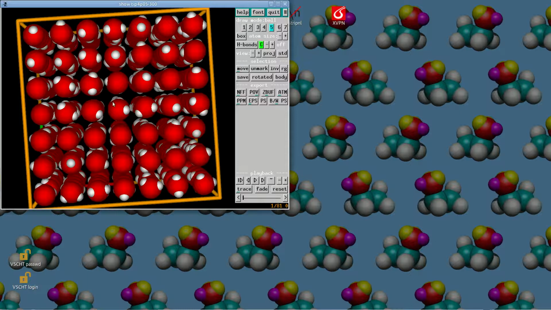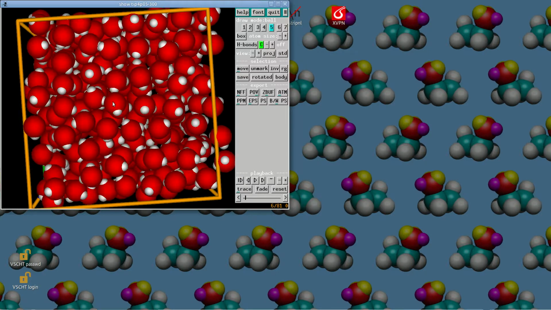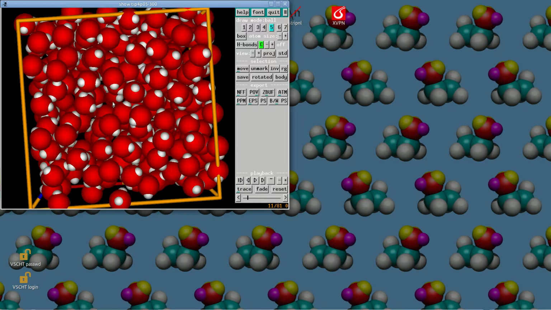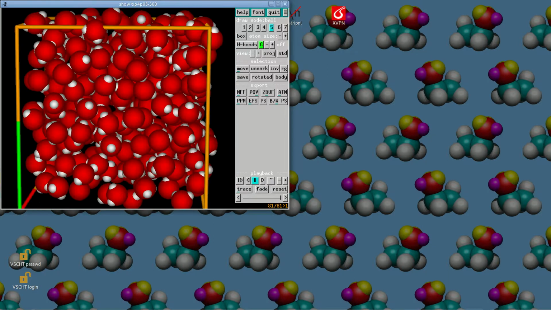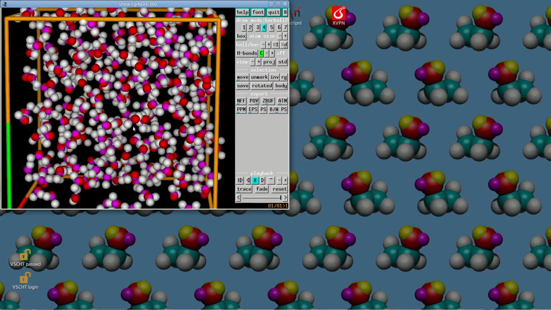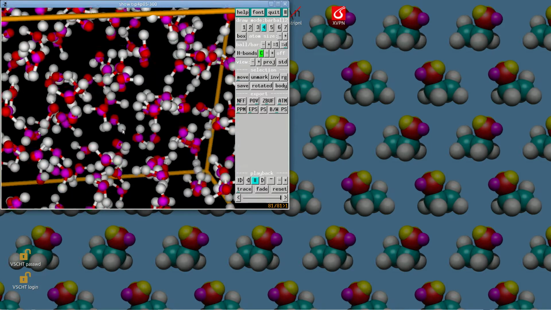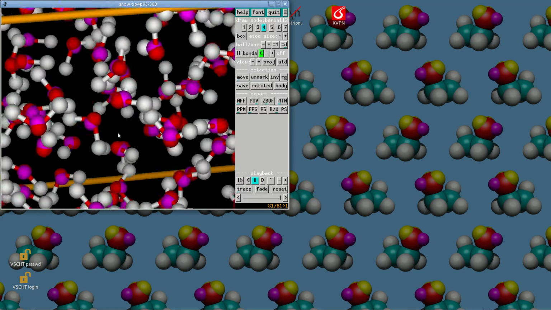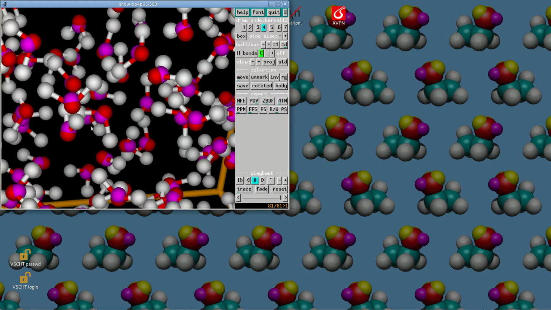If I go by one frame, you can see that it very soon looks like chaos, but actually it's not. We need a longer time to get the real equilibrium. If I use small balls and bonds here, you can see that this water model consists of 2 hydrogens and oxygen, and here there is an auxiliary site with a negative charge. So this model is a bit more complicated than a simple point charge model.